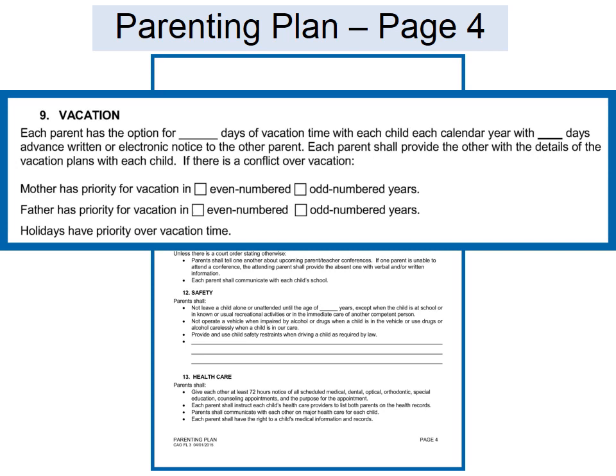You have the option to specify the desired number of days per year and how much notice the other party will be given. Additionally, you may assign which party has priority for the vacation in even and odd years.